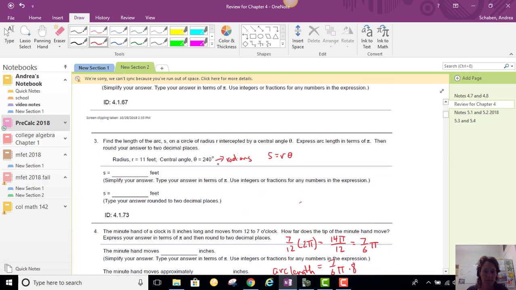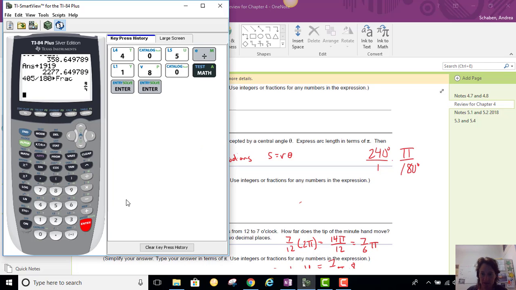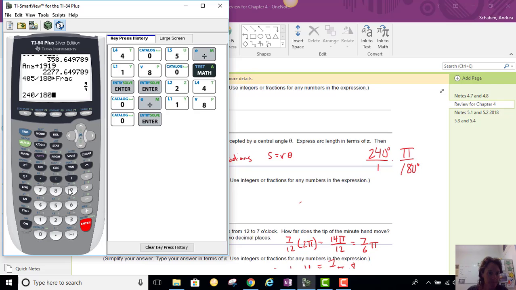Next one, the first thing we have to do is convert 240 degrees into radians to use our formula. So let's do that. 240 over 1 times pi over 180, your dimensional analysis. So 240 over 180 is 4/3.